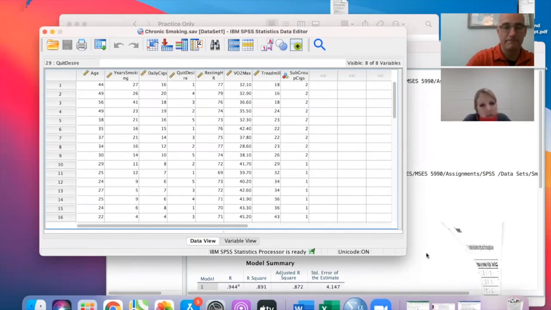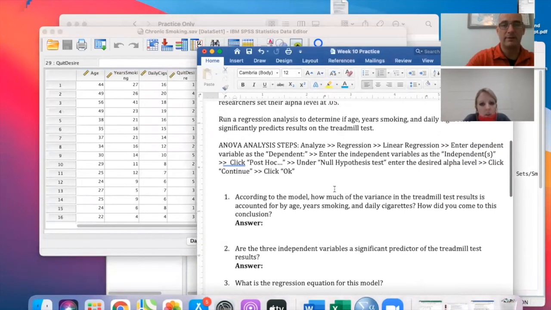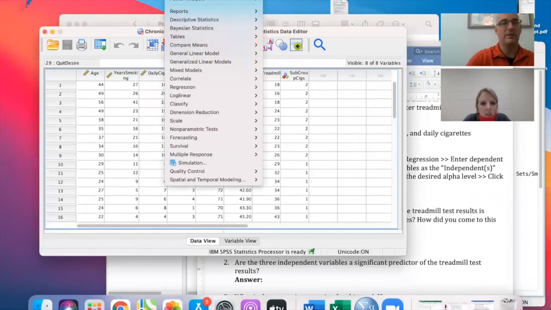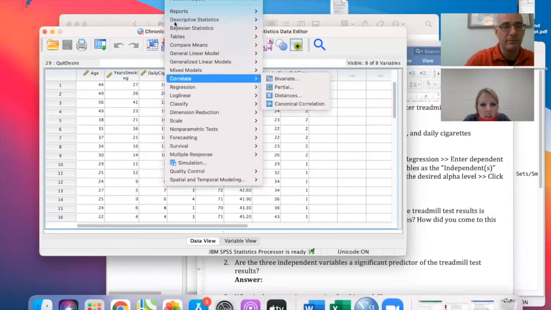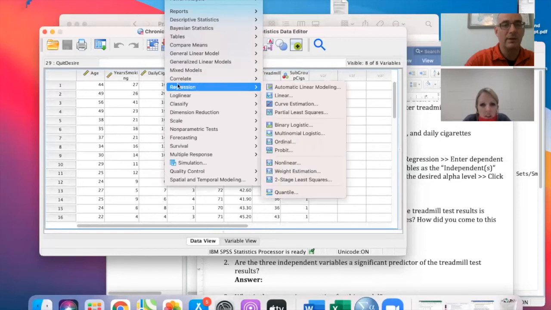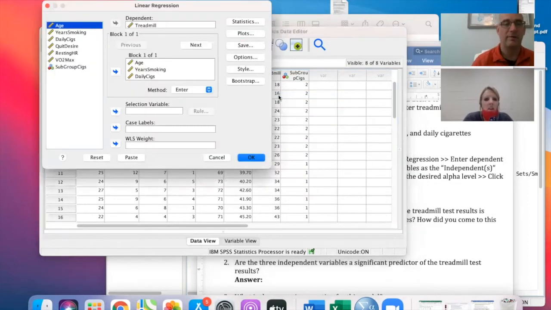I think so. We'll go to Analyze. Then we're looking at linear regression. Yep, we'll go down to Regression and then over to Linear. Then our dependent variable, we're still looking at our treadmill results.